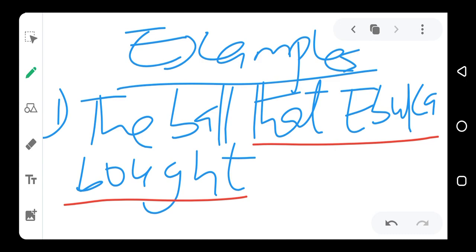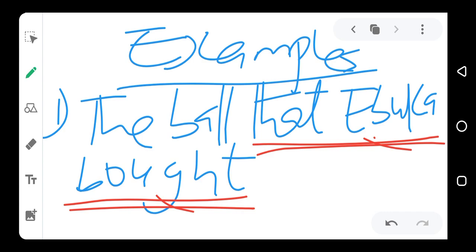A clause contains a subject and a verb. Now, it contains a subject, Ebuka, and a verb, bought. So we conclude that it is a clause.